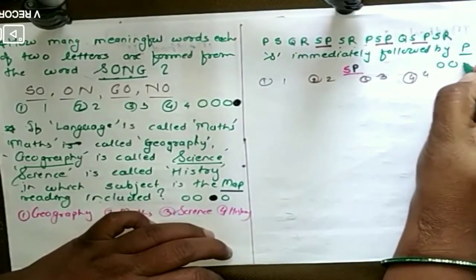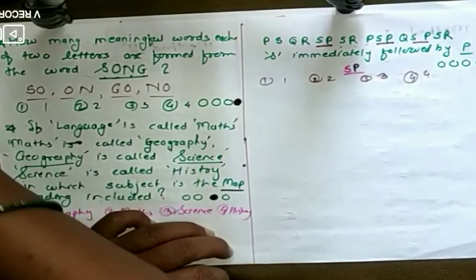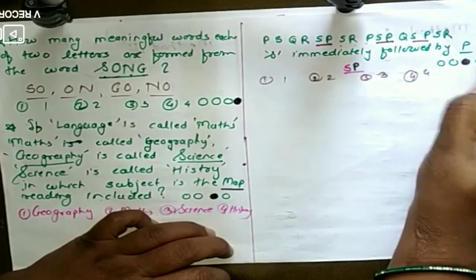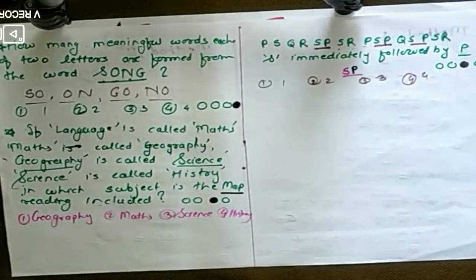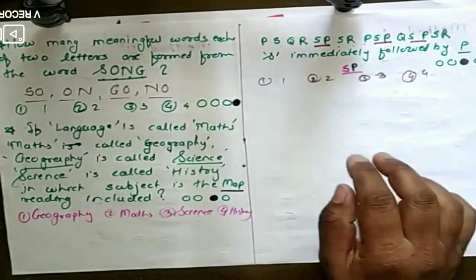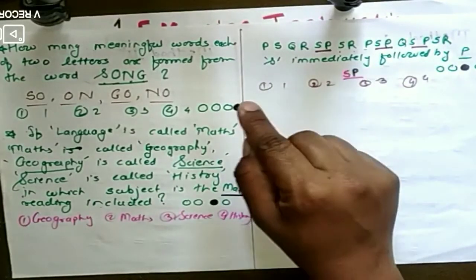SP came 1, 2 and 3 times, so we circle 3. If it is at another position, you circle that number. So they are giving a series of letters, and from the series we have to write the answers for the question.